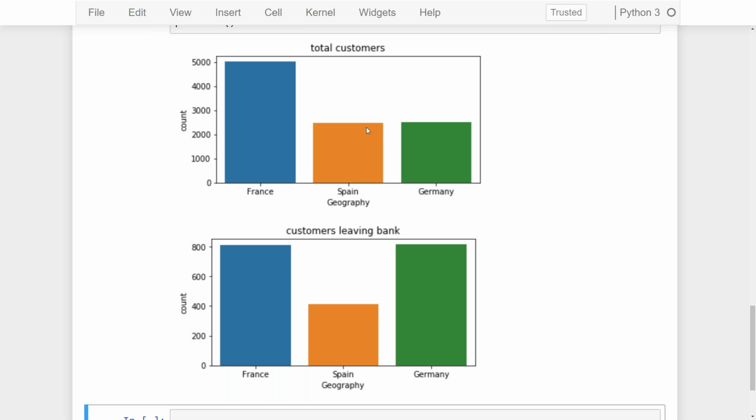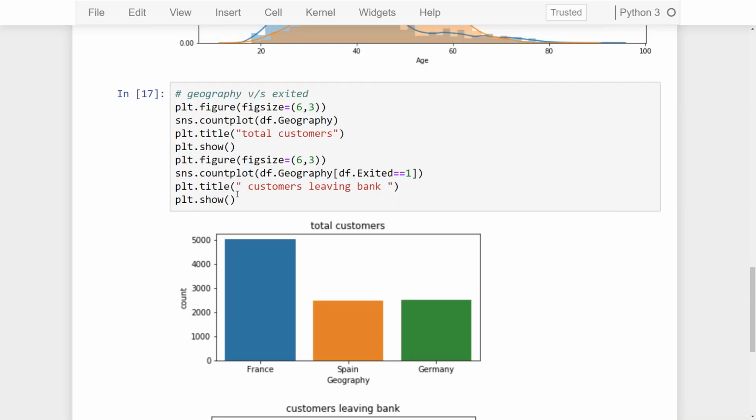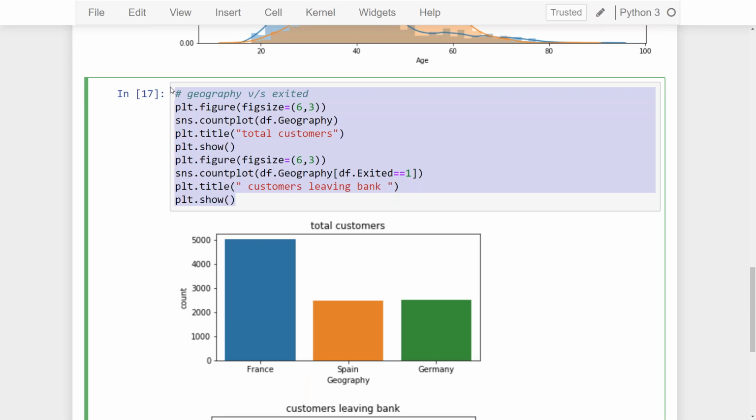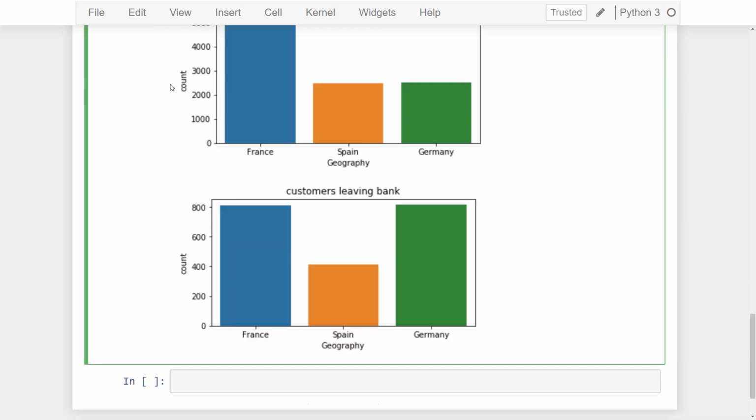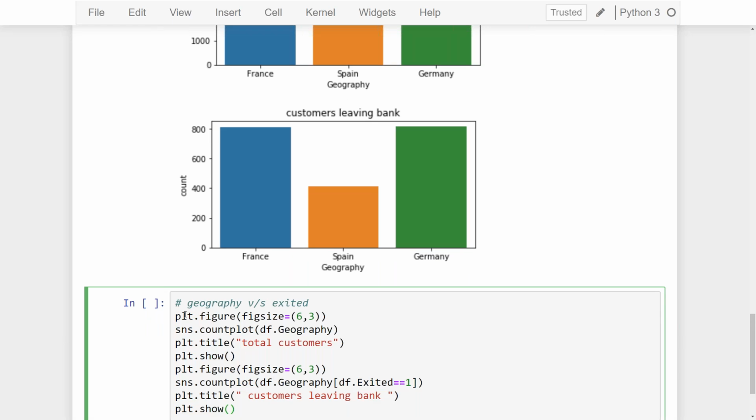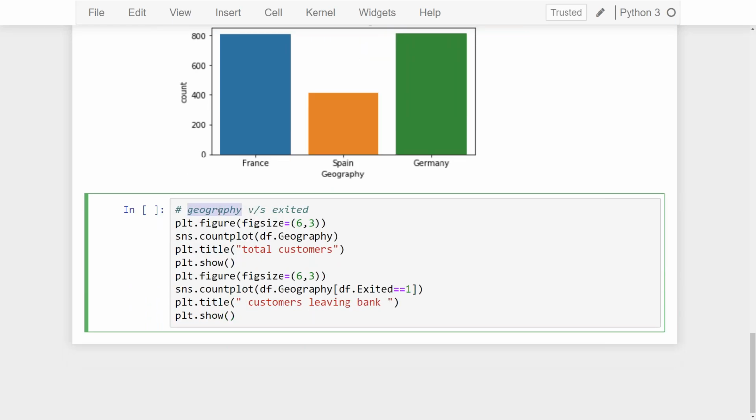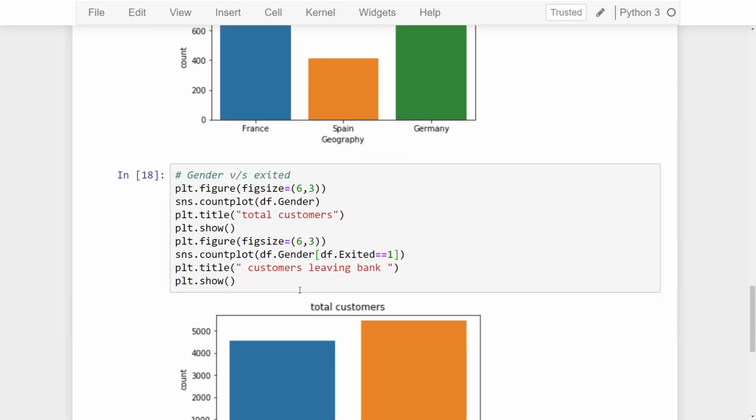Well, let's do the same thing for gender. And you have to tell me, is gender an impacting feature? So is there a different impact for any gender group or not? So we're going to draw two graphs the same way.